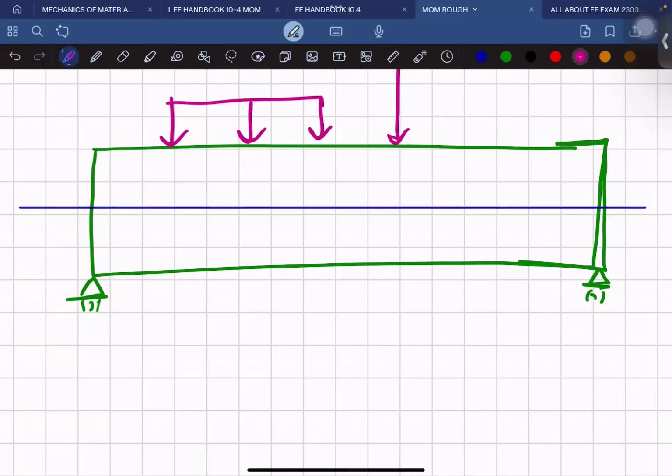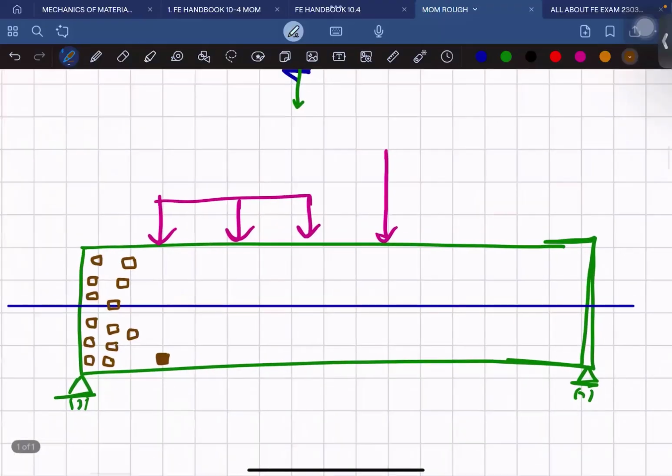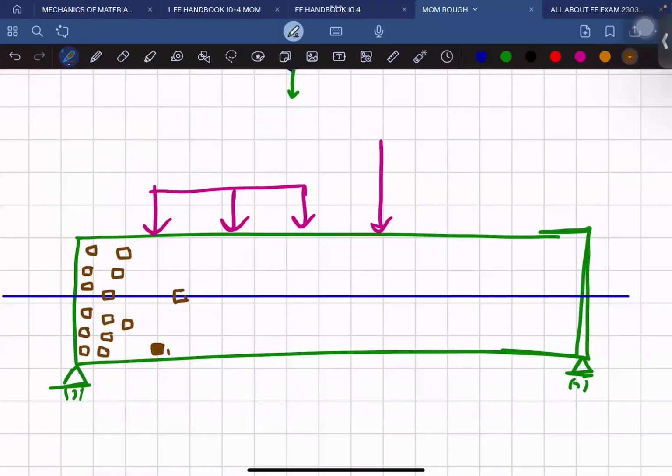As I said, the material is made of an infinite number of elements. This is known as finite element analysis, etc. If we go deeper, now you guys tell me, if I take some finite element here, this is element 1, finite element 2, and this is finite element 3.